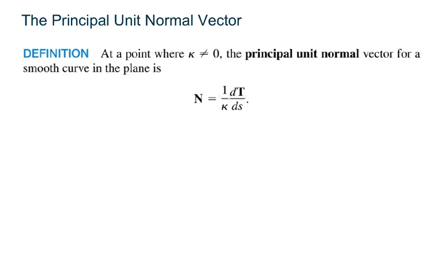So dT/ds is orthogonal. If we divide it by kappa, the curvature, we render a unit vector, which we'll call capital N, orthogonal to T. So N is my principal unit normal vector, and it is orthogonal to my unit tangent vector.